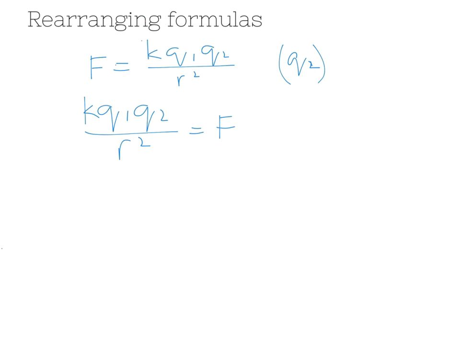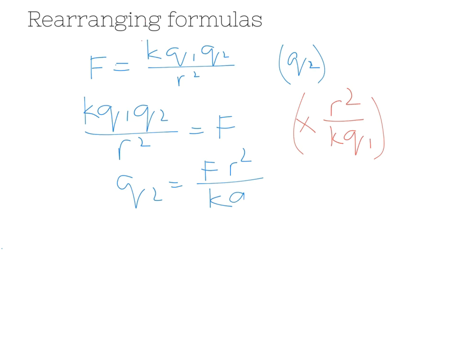Now we need to get rid of the k q1 over r squared from the left. We can do this all in one go by multiplying both sides by the reciprocal of that fraction, which is r squared on k q1. So we do that to both sides. On the left, the k q1 on r squared cancel, leaving us with q2. And on the right we have f r squared on k q1.